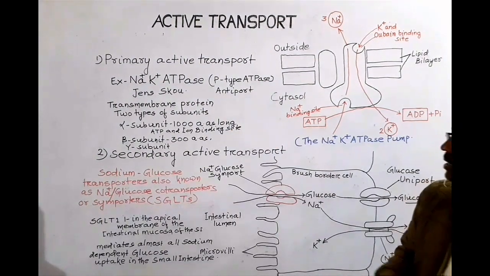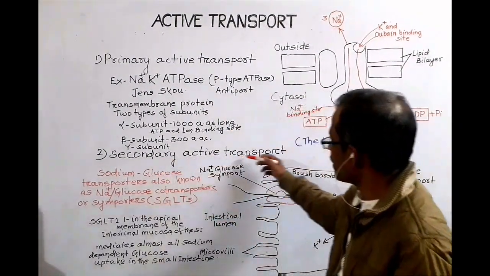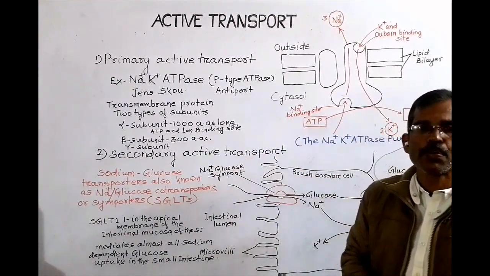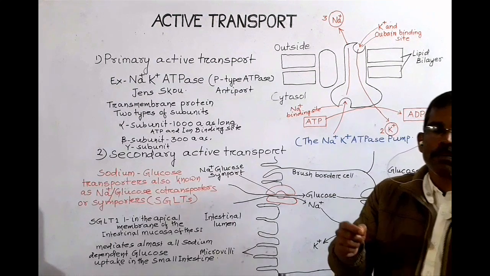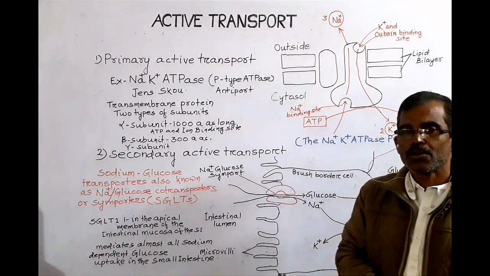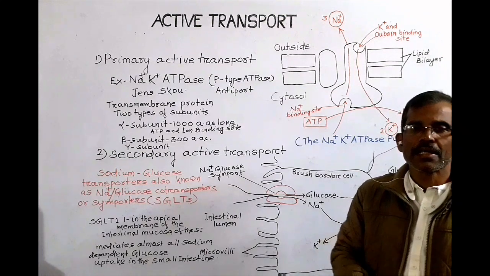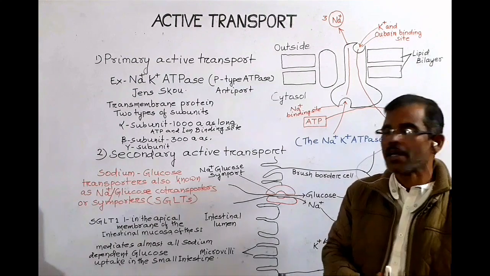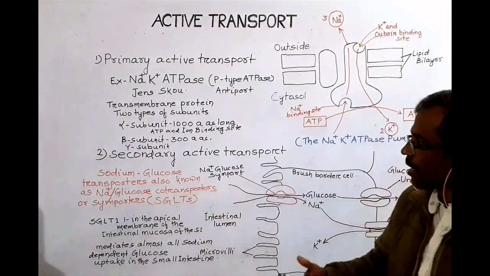Another type of active transport is secondary active transport. In secondary active transport, energy comes from an already existing ion gradient. So, in the case of secondary active transport, a previously existing ion gradient is the source of energy.